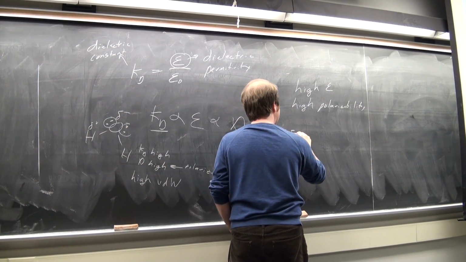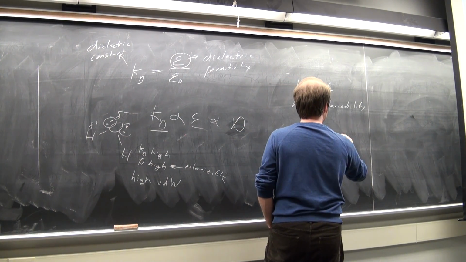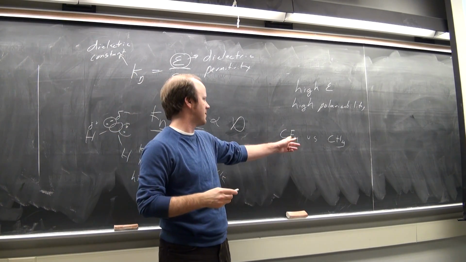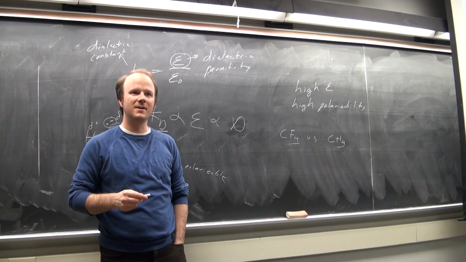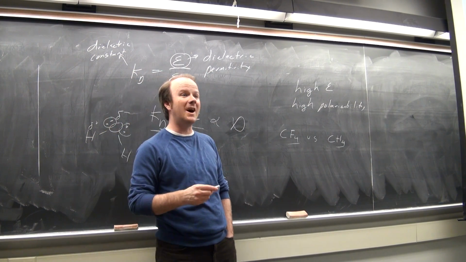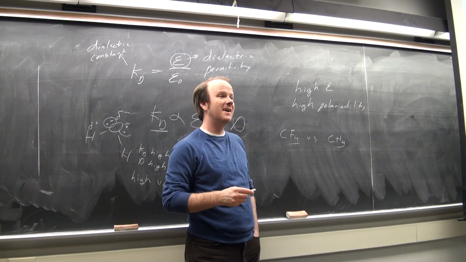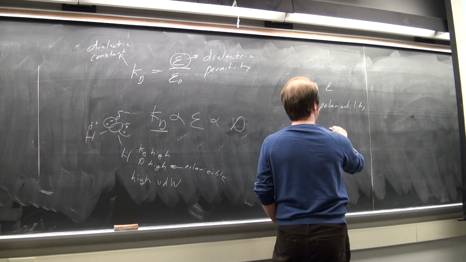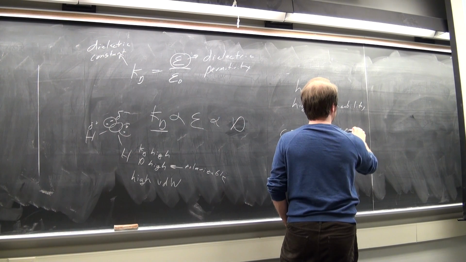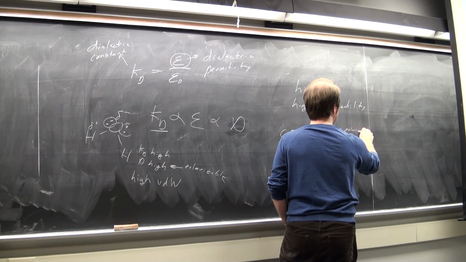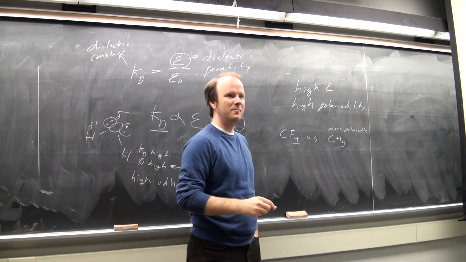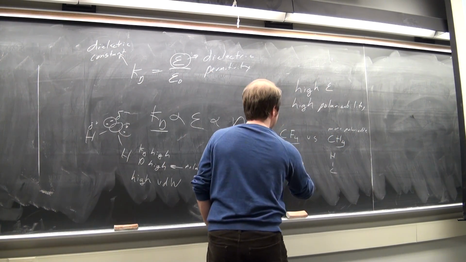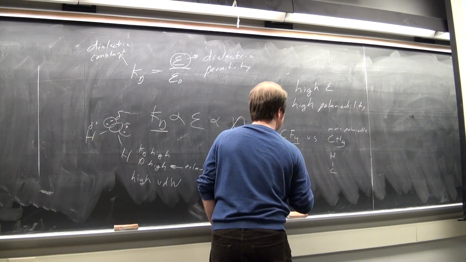If we're comparing CF4, right, versus CH4, which molecule is more polarizable out of methane or perfluoromethane here? Methane, right? Why? Because of the electronegativity difference between C-H versus C-F, right?